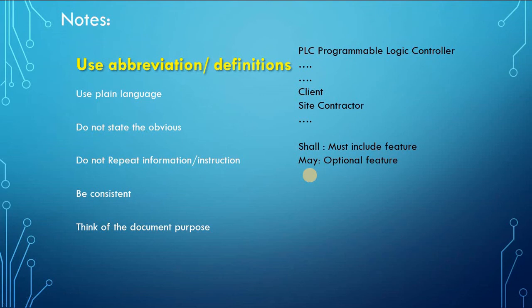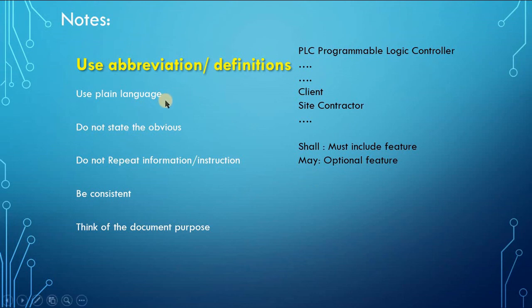So you can say when the alarm happens or whatever, the control system may display the following message or the following message. So now you give him 2 options, and he can do it or not because you said may. So we said in the definition, may is an optional.